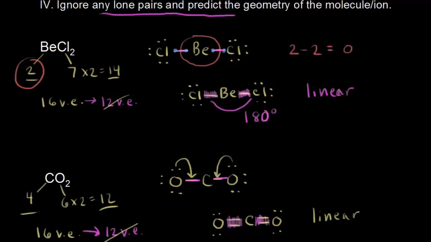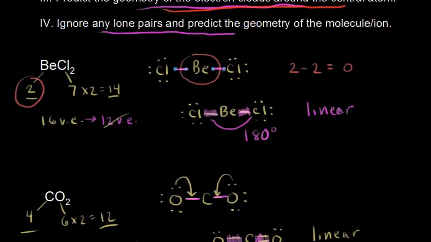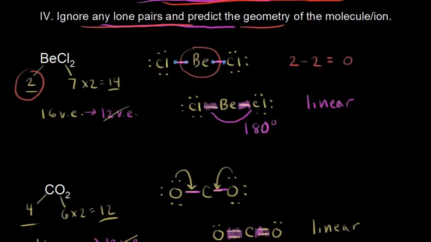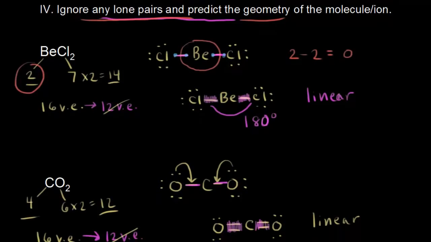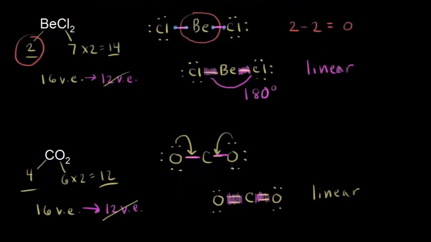Once again, we don't have any lone pairs of electrons on our central atom, so we don't have to worry about that, and we can predict the geometry as being linear. So that's how to approach it: draw the dot structure, think about electron clouds, and think about the shapes of your molecules. In the next video, we will look at how to approach 3 electron clouds.